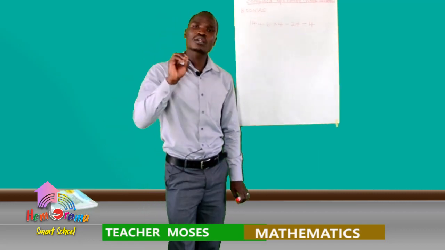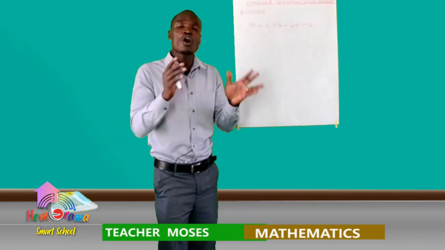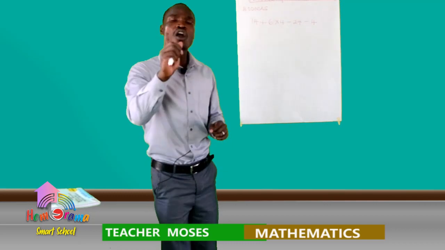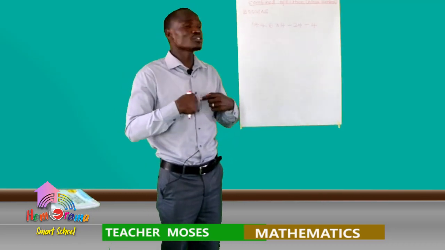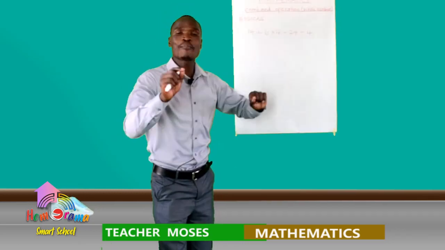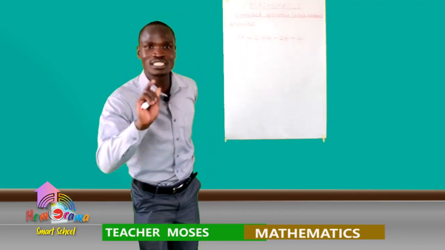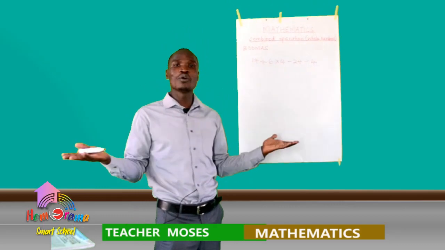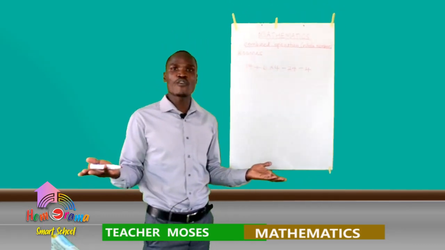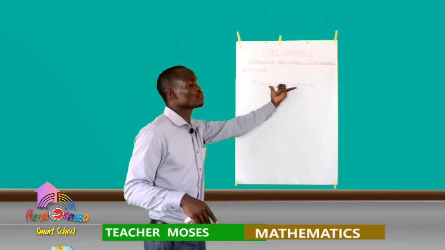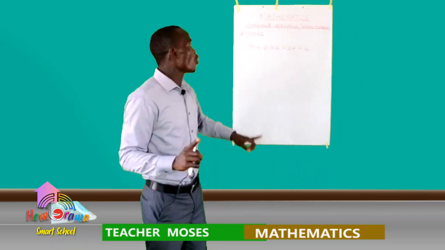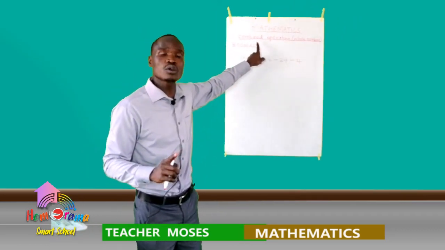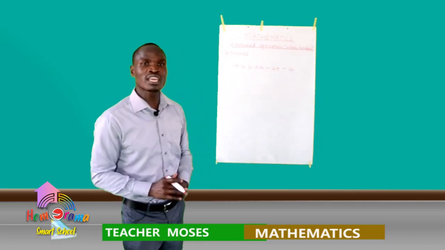Now, following the rule of BODMAS, we cannot start anywhere, because I may decide to start with division. Another person will say, no, I don't want division, I want multiplication first. Another one will say, no, subtraction is simple for me, so let me start with subtraction. Therefore, we are going to follow the rule of BODMAS. Now look here.